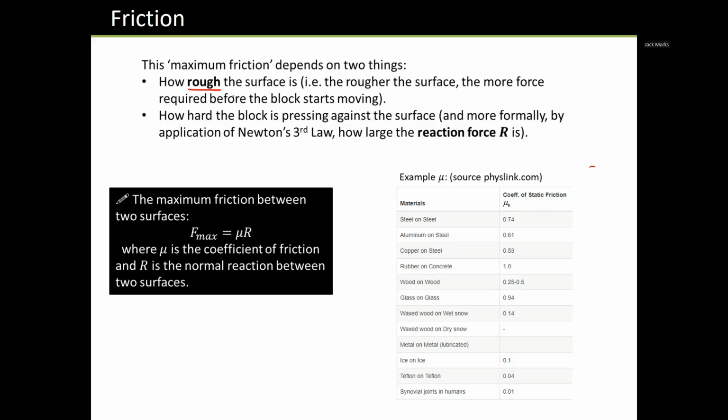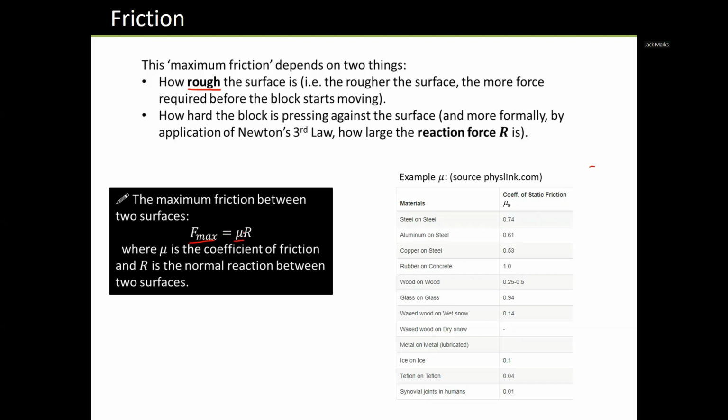And it sort of depends on two things, okay? So the two things are actually reflected in the equation we're going to use. So the maximum frictional force, and it's not just friction, okay? It's the maximum frictional force is given by mu. So mu is a number that you'll often be given or you have to find out. And it pretty much operates as a constant in a question.